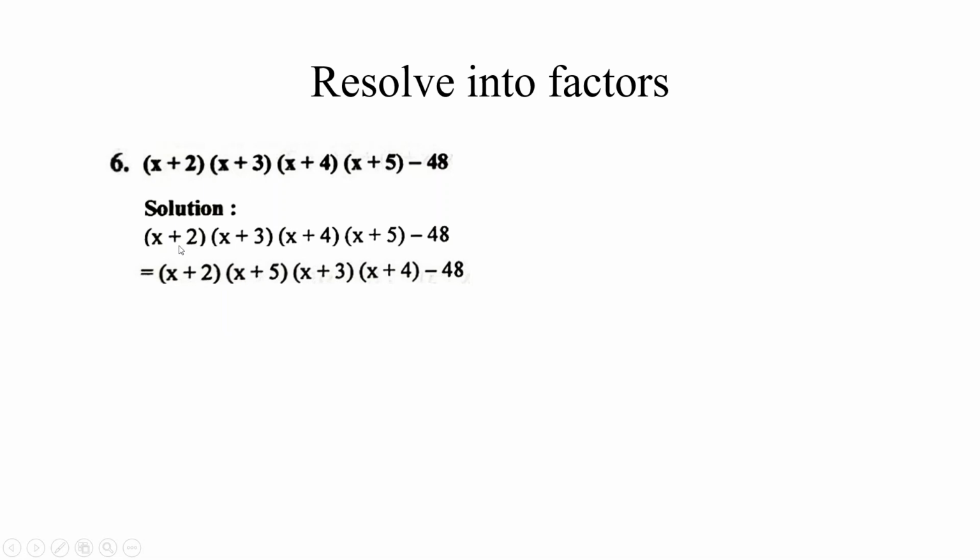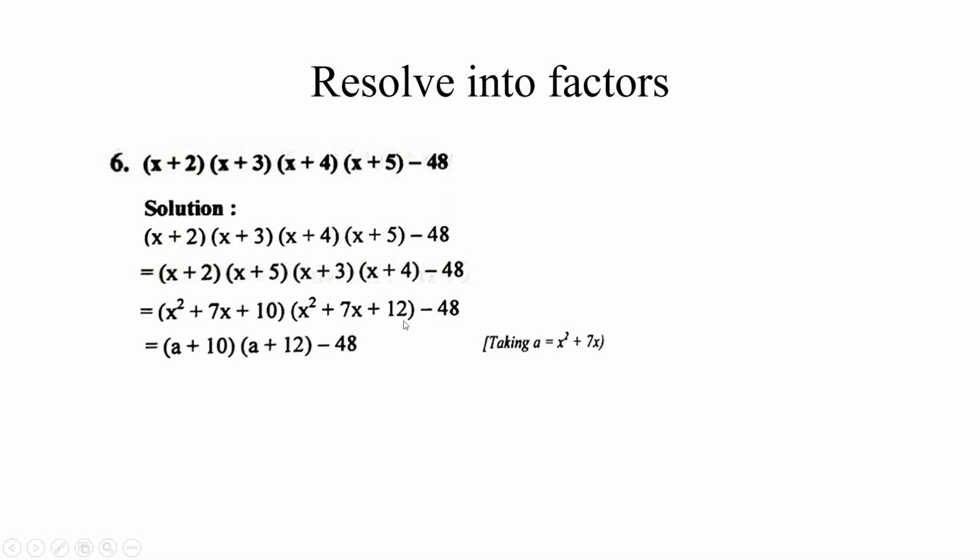Exchanging the side, (x plus 2) into (x plus 5) into (x plus 3) and (x plus 4). Now multiplying (x plus 2) into (x plus 5), you will get x square plus 7x plus 10, and from (x plus 3) into (x plus 4), you will get x square plus 7x plus 12.